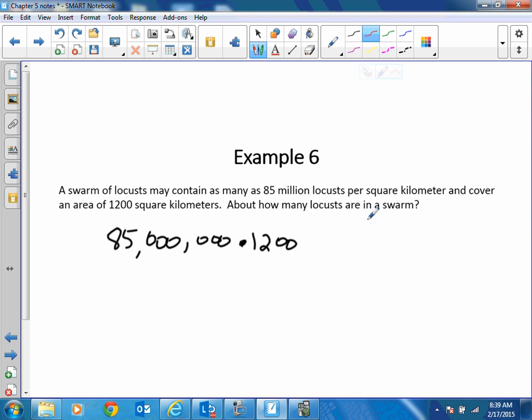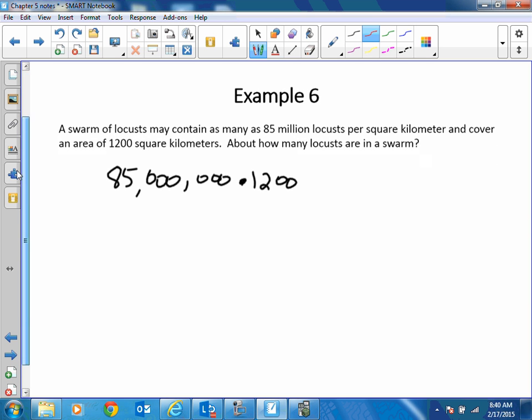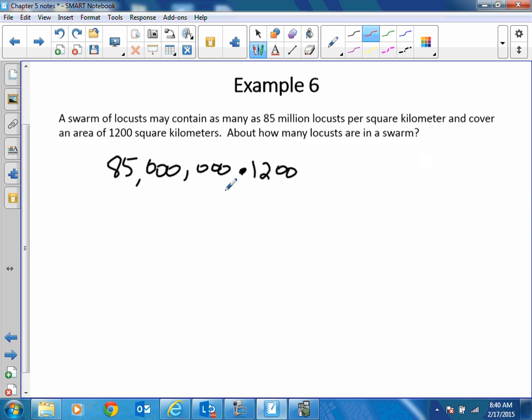Okay, now we could just multiply this in our calculator and be done. But they want this as scientific notation, which makes sense because we don't want to write these gigantic numbers. So let's rewrite this as scientific notation. To write this as scientific notation, move the decimal point over 1, 2, 3, 4, 5, 6, 7. So I would get 8.5 times 10 to the 7th times, so 1, 2, 3.